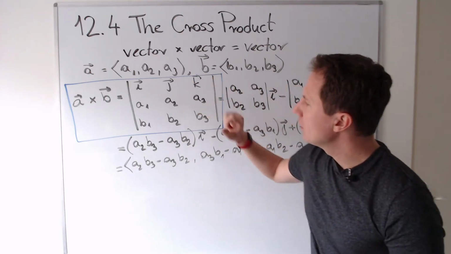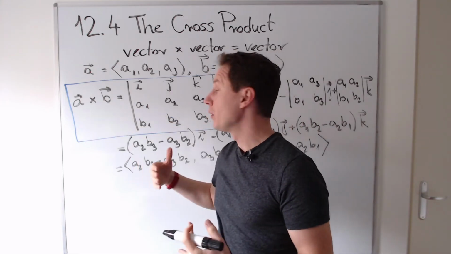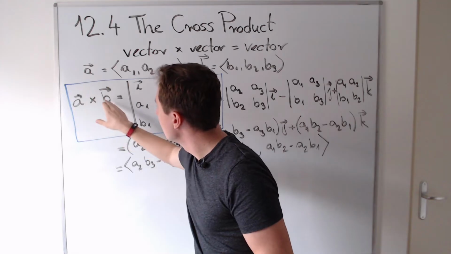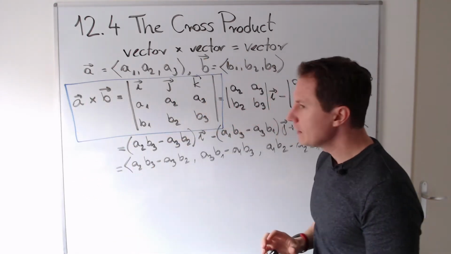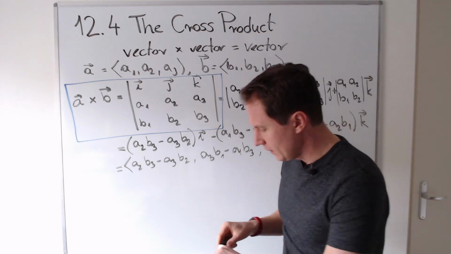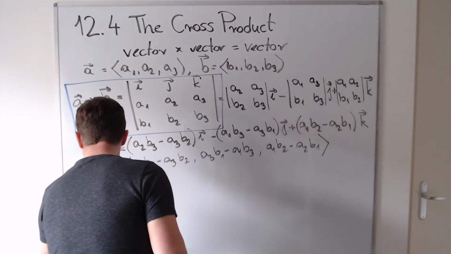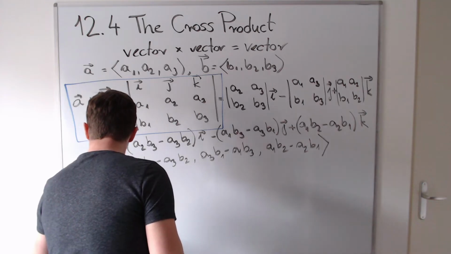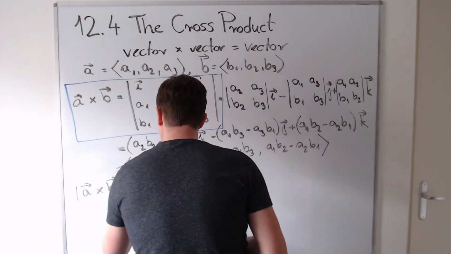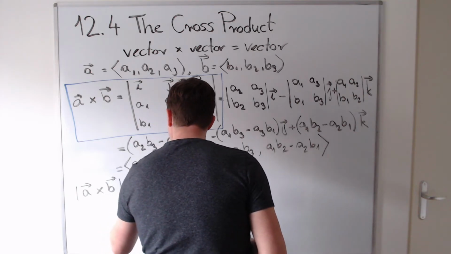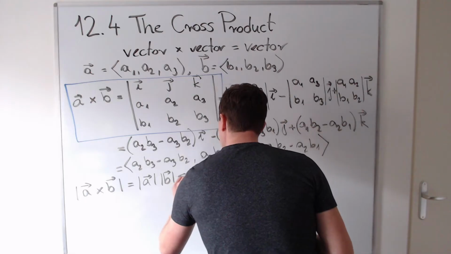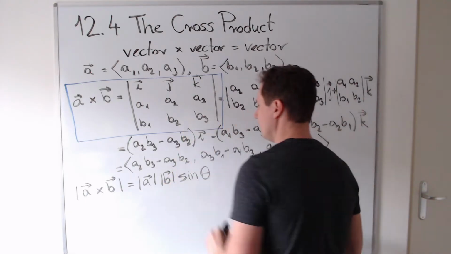So as I said, this cross product is a vector which is perpendicular to both of the vectors that were used to create it, and the extra property or feature of this cross product is that its length is in fact the length of A multiplied by the length of B and multiplied by the sine of the angle between those two vectors.